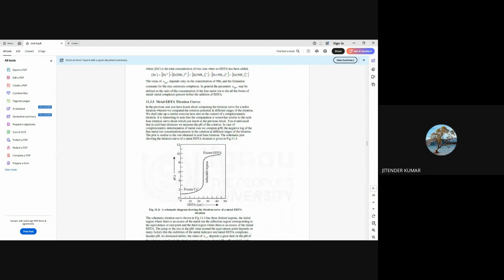Effect of other complexing agents, here ammonia with zinc 2 plus. Metal EDTA titration curve: each titration curve looks like this, and the breakpoints are there.